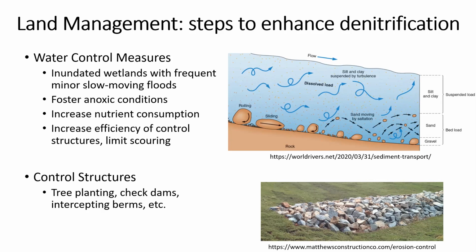And slowing these floods down will ultimately limit scouring, keeping much of our wetlands intact. Control structures that would likely have a significant effect within the Dogtooth Bend are things like tree plantings, check dams, and intercepting berms, as they would slow floodwaters, keep our wetlands wet, but also direct them into existing wetlands.